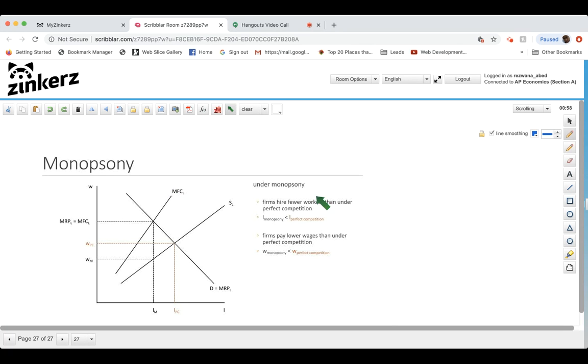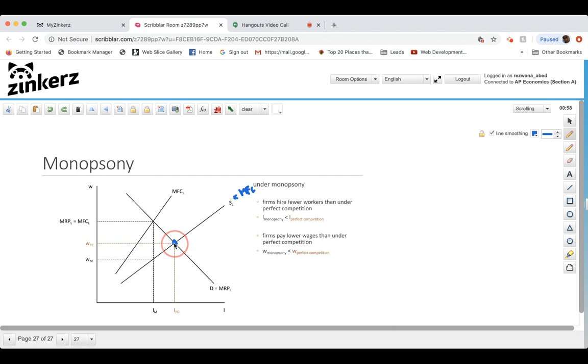The only point that I want to make here, I know we're running out of time, is that under a monopsony, they hire fewer workers than under perfect competition. If this were a perfectly competitive market, we know that the supply of labor would be equal to marginal factor cost. The perfectly competitive labor market would hire workers where the marginal factor cost is equal to the marginal revenue product of labor.